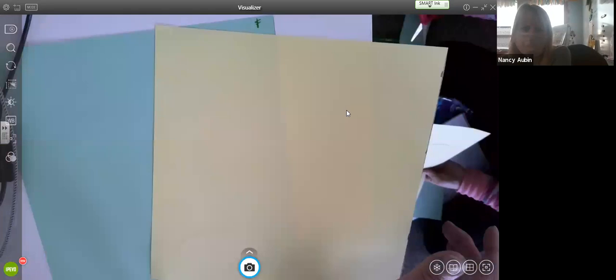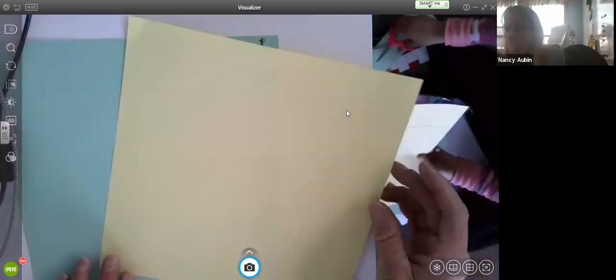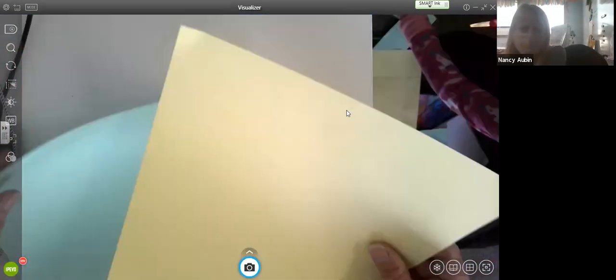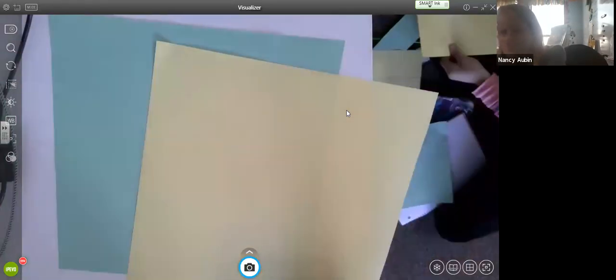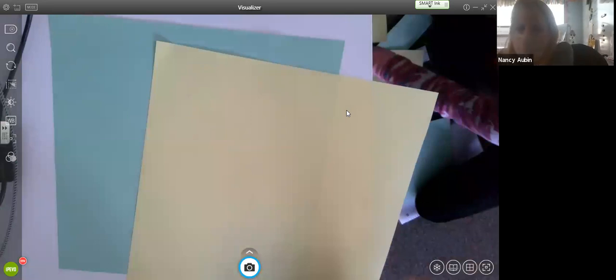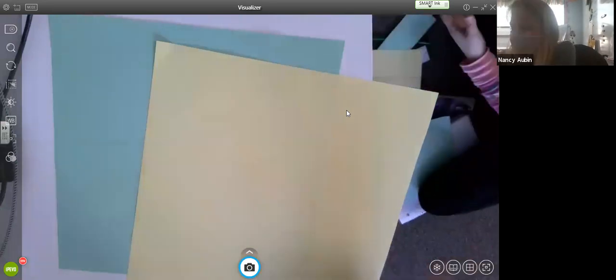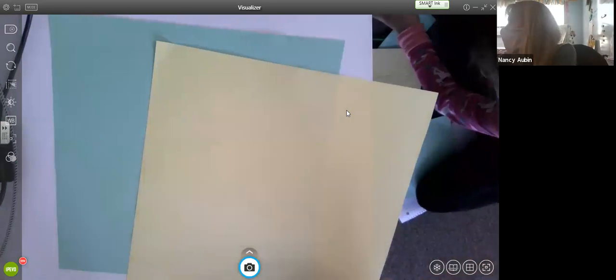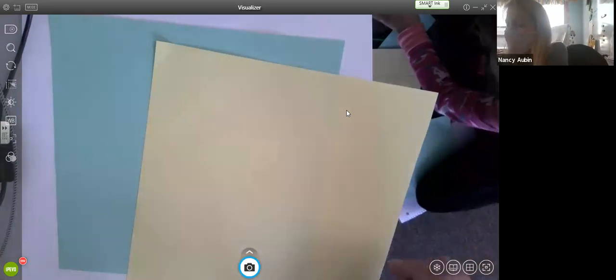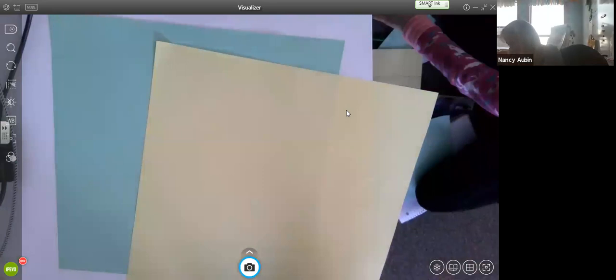Okay, I'm getting rid of the other side so it's no longer a rectangle, it's a square. So everybody should have 2 square sheets of paper. I'm gonna give you a couple minutes to get your 2 squares cut out. If you make a mistake, you can probably fix it by taking off an inch or so. If you need help, raise your hand.